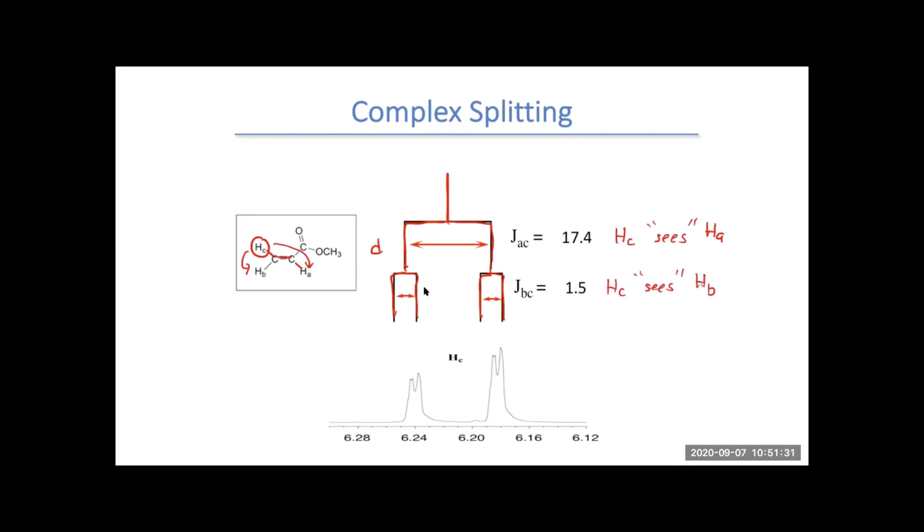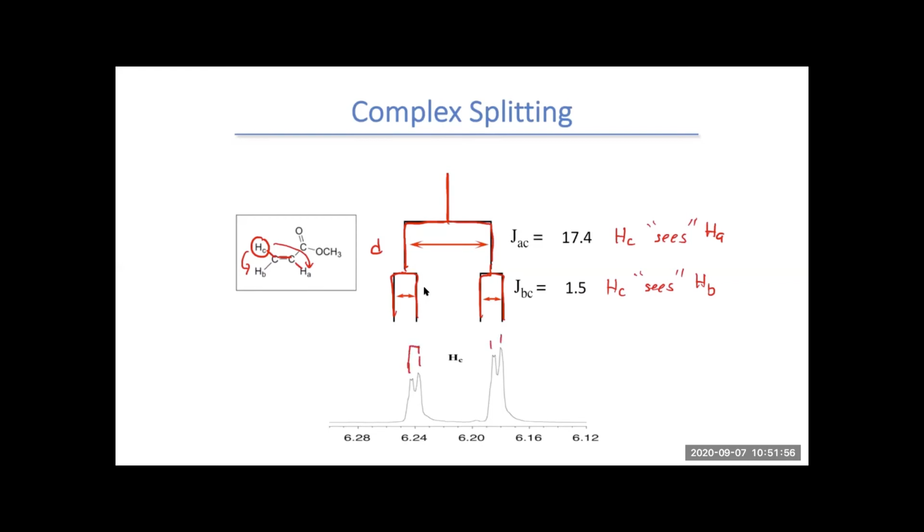Now it's typical convention to start with the ones that have the largest coupling constant and work your way towards the ones with the smaller coupling constant. Doing it that way, it's easier to draw your splitting trees. But you can see in our real life NMR, we have 1, 2, 3, 4 peaks.